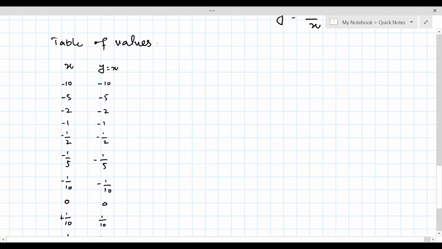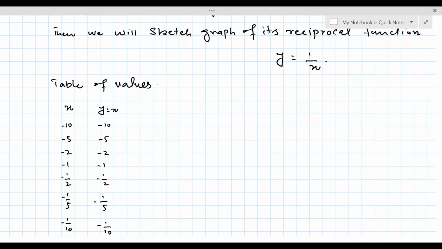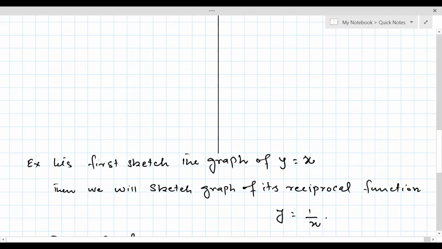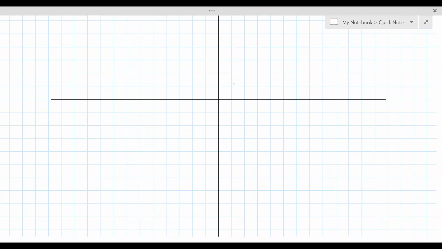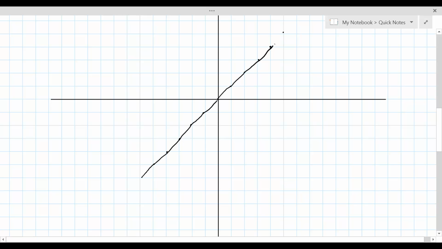It's not hard to plot these values, and we can draw the graph by just drawing the line through these points. We know that this is the graph of the identity function y is equal to x.